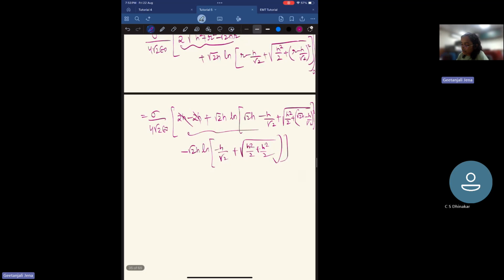Solve it, just simplify the terms. You will get, let me write the final. Finally, you will get sigma by 2 epsilon naught h ln 1 plus root 2.